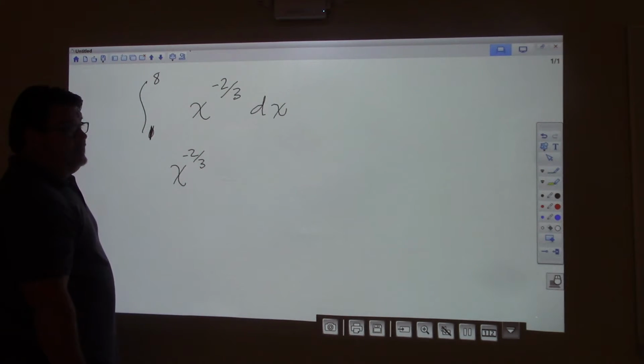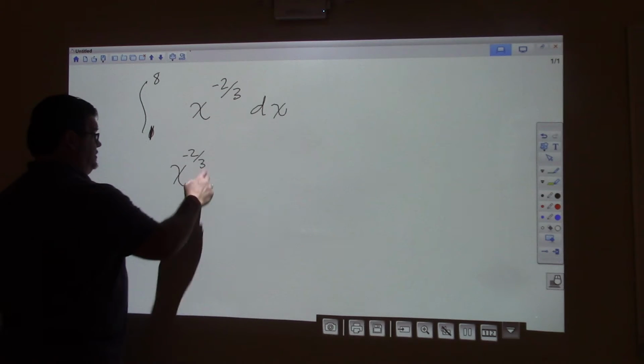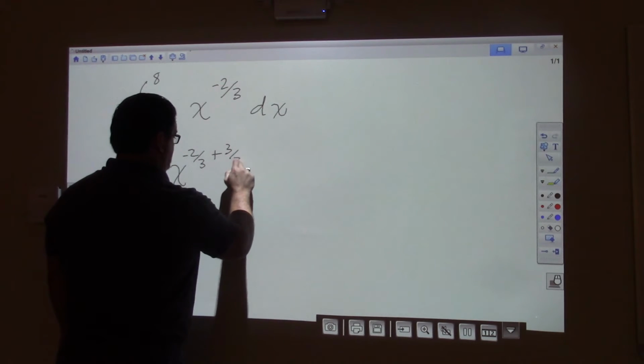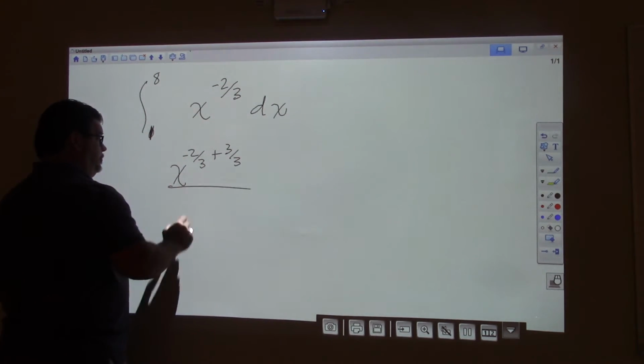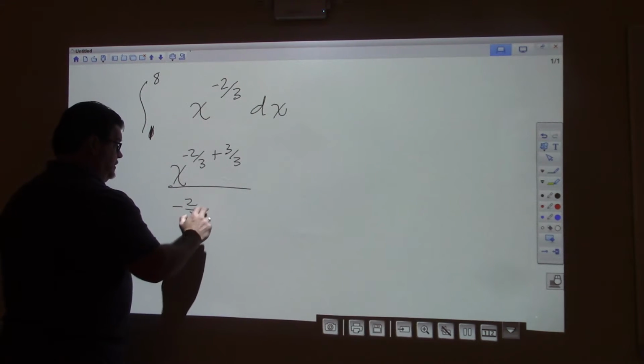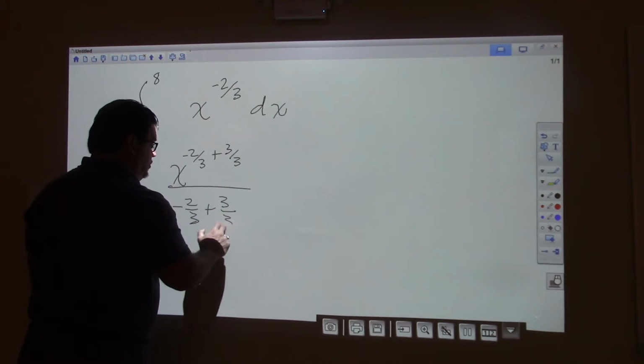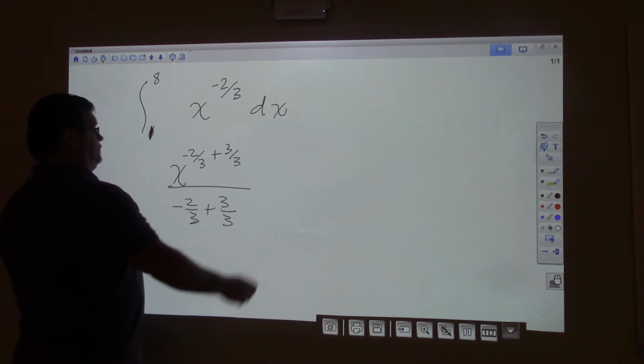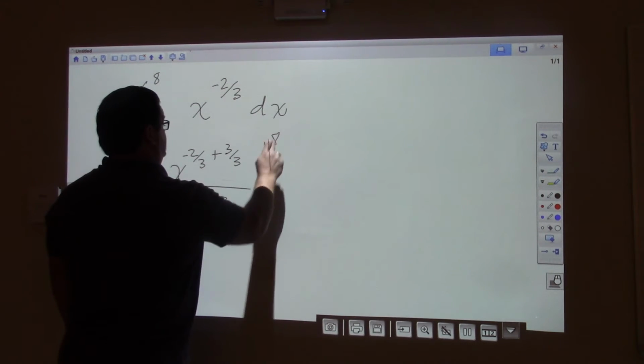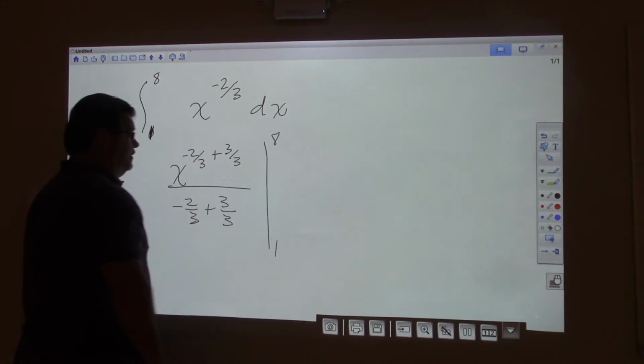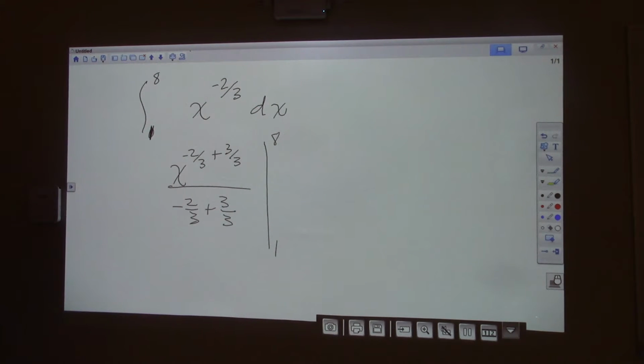Right? Or add 3/3 over negative 2/3 plus 3/3, or just sit there and stare at it. Now you're supposed to say, where did 3/3 come from? I have no idea. I just pulled it out of the air.